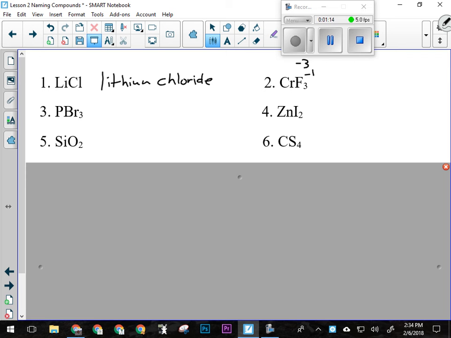All ionic compounds have to have a charge of 0. That means I need to get 3 positive charges from a single chromium atom, which means the charge on that chromium atom is +3. So this will be chromium, Roman numeral 3, fluoride.